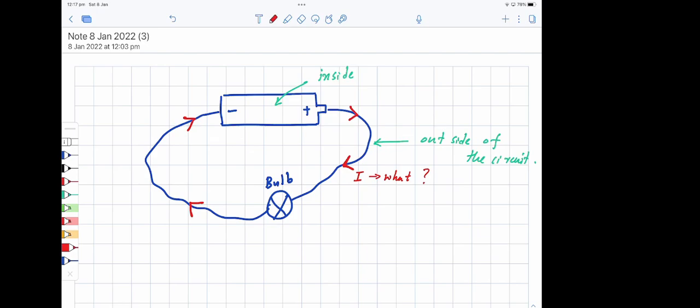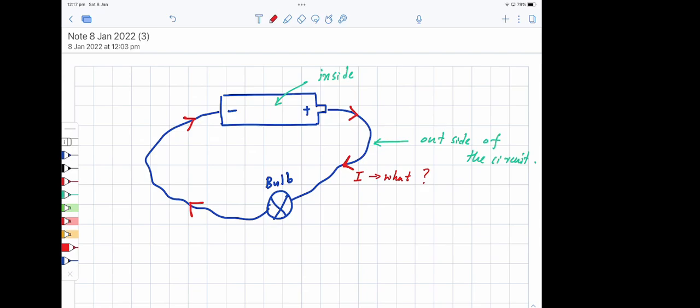You might ask, why are you saying this? It's obvious, you can see that, but that is important. There is a lesson called magnetic field in year 12, which we'll be discussing in a couple of months' time. In magnetic field there is a thing called magnetic induction. In magnetic induction this concept will come, right? So that's what I'm saying. Outside the circuit, current flows from positive node to negative node.